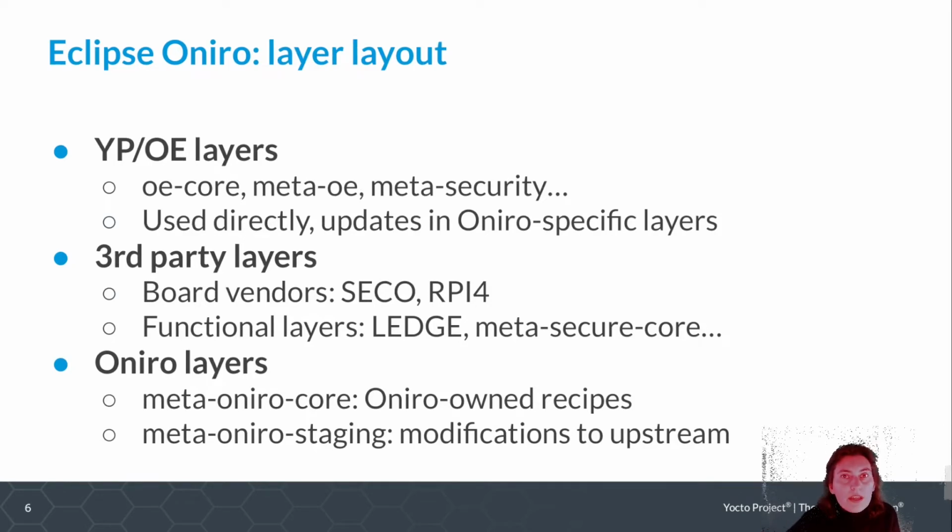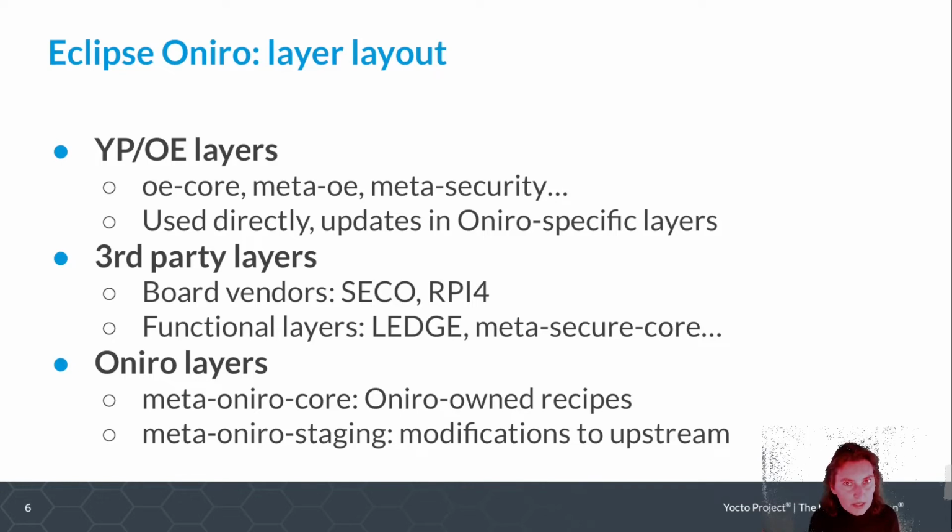Now, what is the layer layout in the Oniro project? First, there are the Yocto project and OpenEmbedded layers, like meta-oe or openembedded-core. They are taken as is in the kirkstone branch. They just point to the release. No changes. If there are any, they are in separate layers of the Oniro project with bbappends and similar.